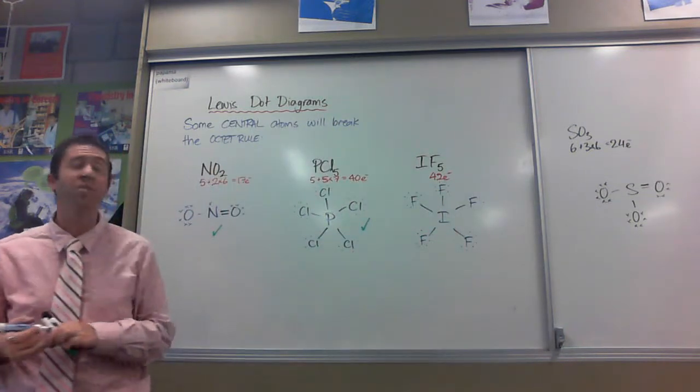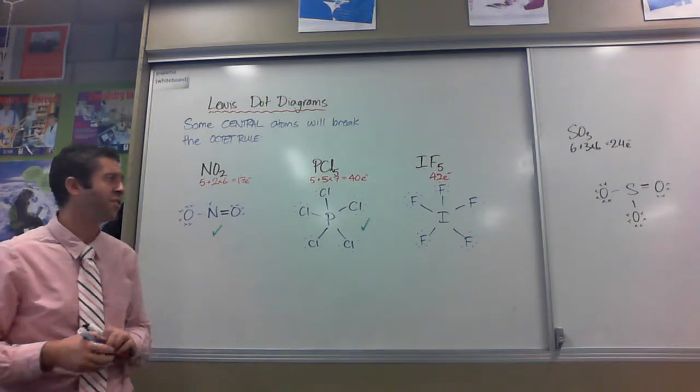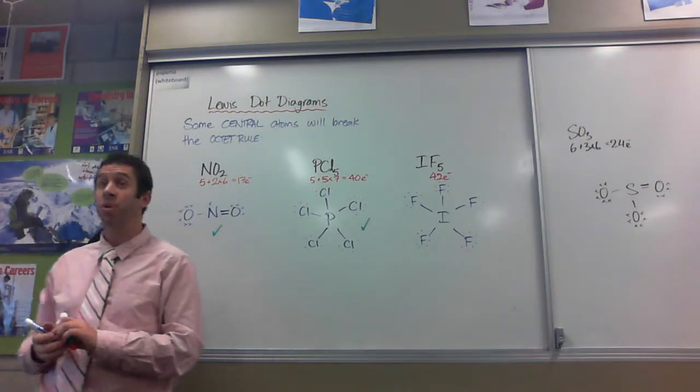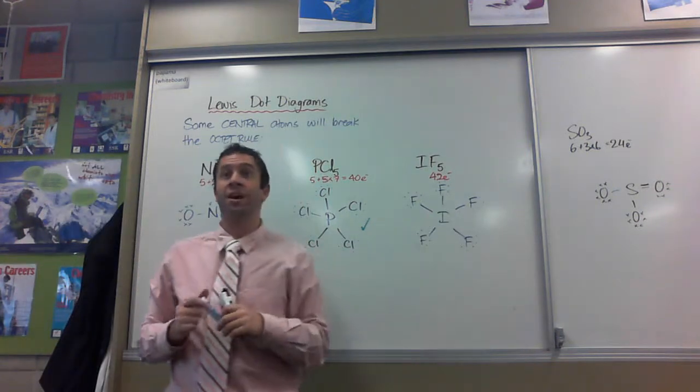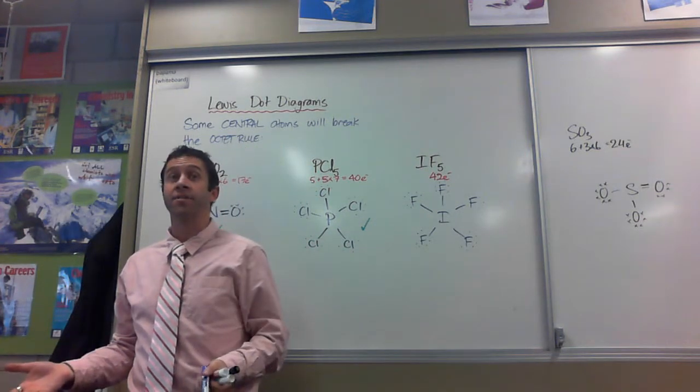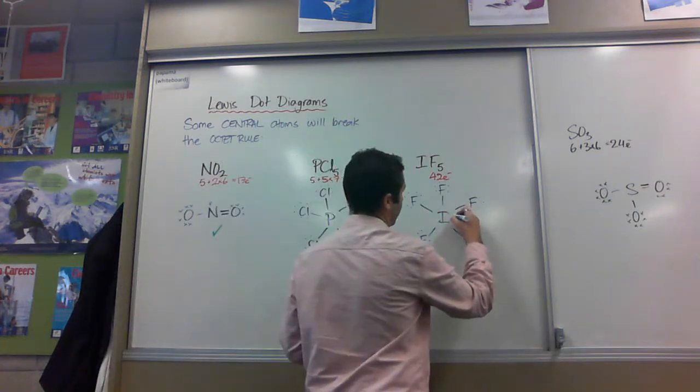Okay, if I do that, I've only got 40 electrons. So now I've got this decision. Where am I going to put the other 2? Well, my outside ones are not allowed to break the octet rule, so I've only got one place left. So I put them with the iodine.